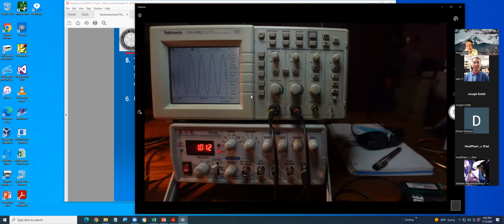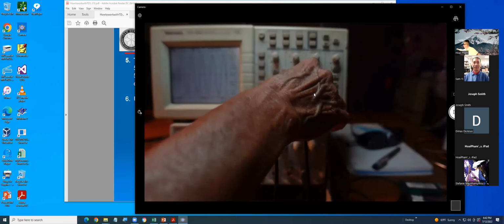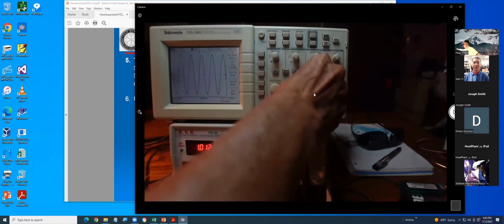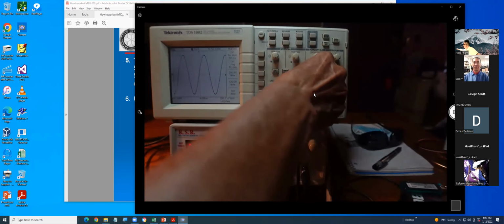But I want only 2 cycles. What can we do? This will be telling you, changing this button here. Okay. You see that?